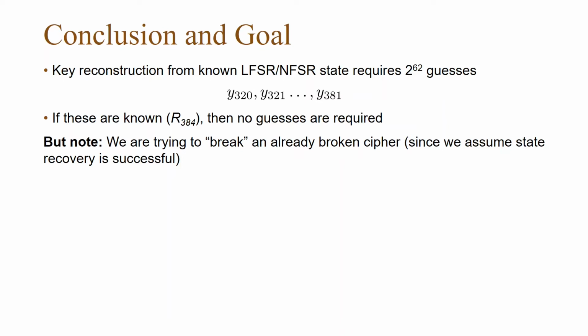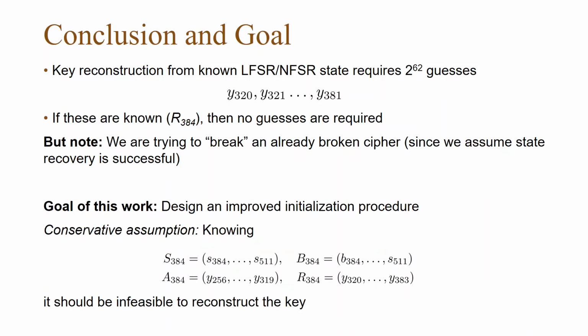However, it is important to emphasize here that what we are doing is trying to break an already broken cipher. That is, we assume that the state recovery has been successful from the beginning, which in some sense would render the cipher broken anyway. The goal of this work is to design an improved initialization procedure, and we're going to take a very conservative approach.